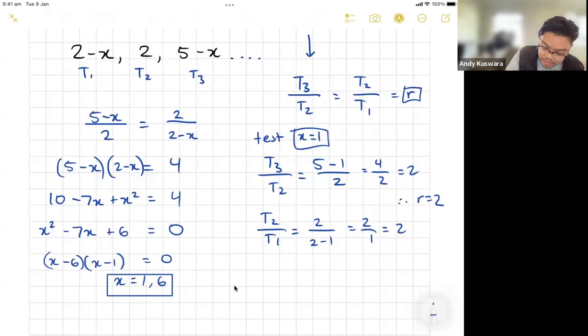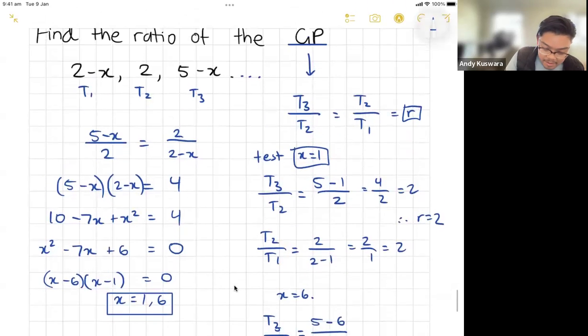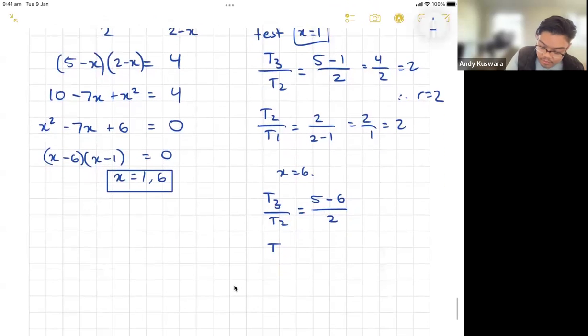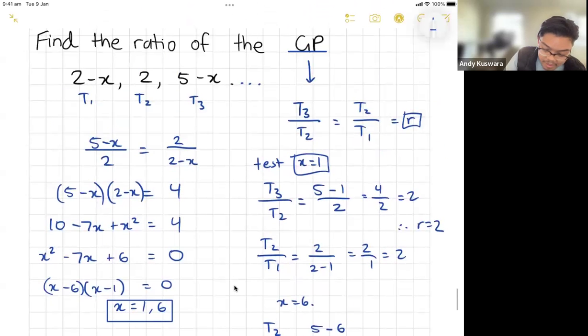But let's just double check it with x equals 6 and see if we get something similar here. Let's go T3 over T2. It's going to be (5 take away 6) over 2. And then what is T2 over T1? It's 2 over 2 minus, T2 was 2, and then it was 2 minus x for that term.